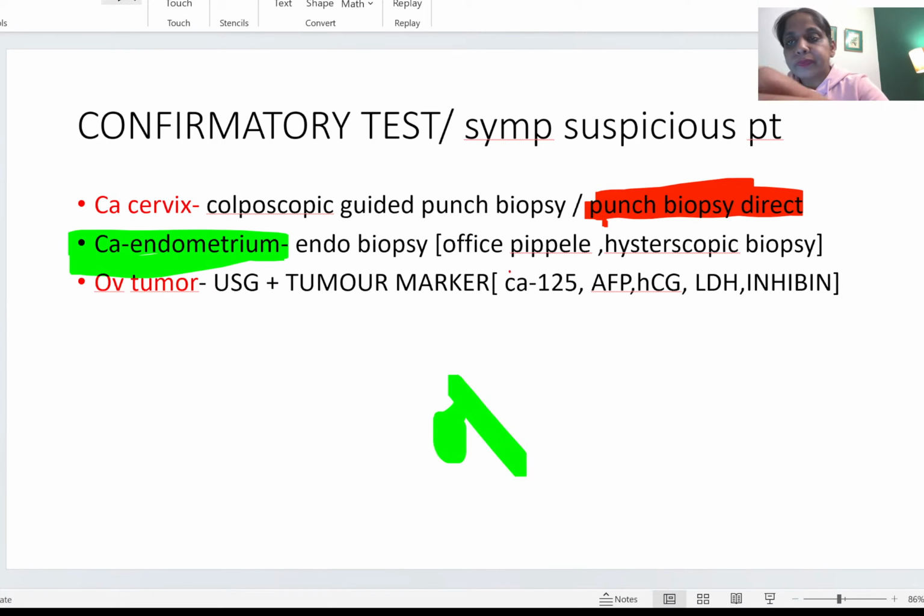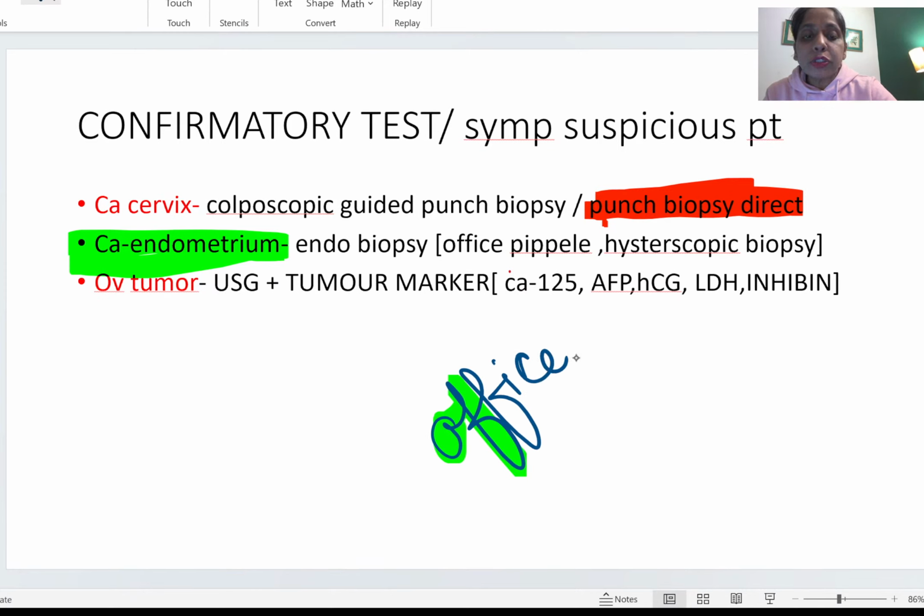So we write it down as office biopsy. Hysteroscopic guided biopsy is a 100% confirmative method, but most commonly done is the office Pipelle biopsy. Okay, hysteroscopic biopsy is the best test, but that requires general anesthesia.